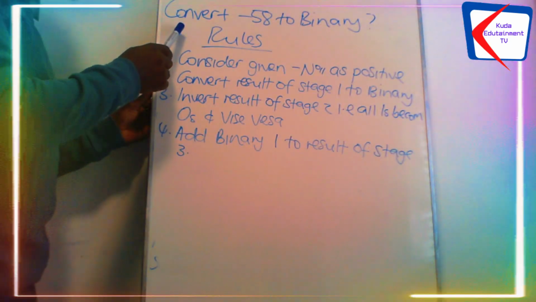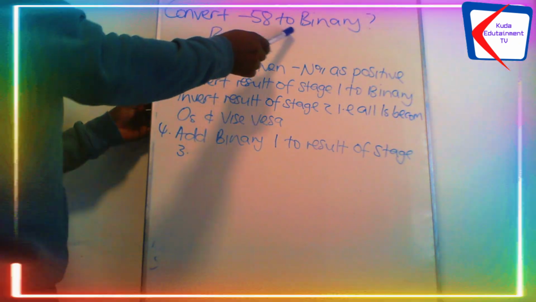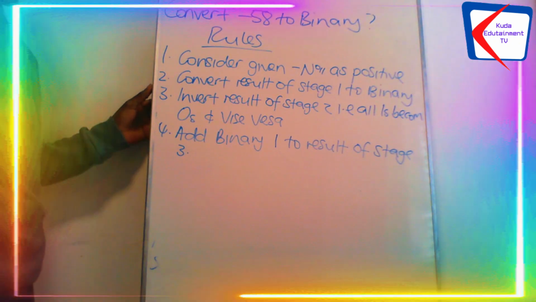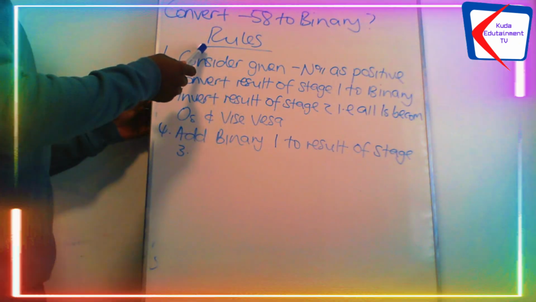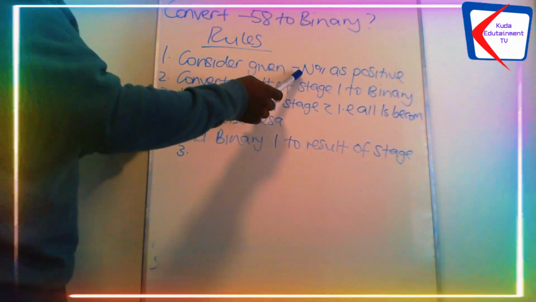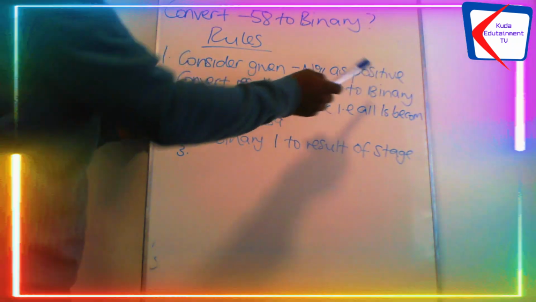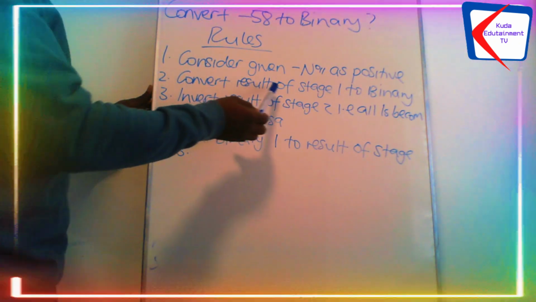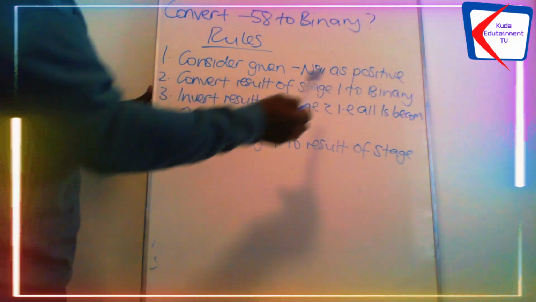We have got a question which says: convert negative 58 to binary. So we have four rules. The first rule says consider the given negative number as positive. The second rule says convert the result of stage 1 to binary.